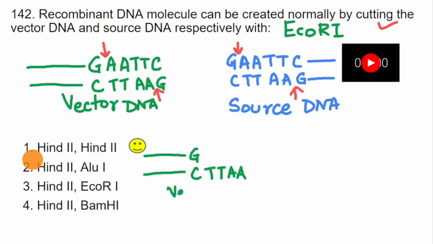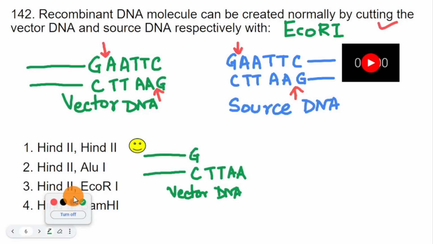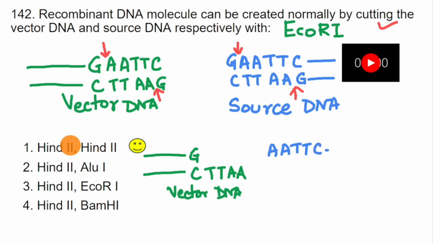This is vector. What about source DNA? In case of source DNA, this strand will also open up. So you will have AATTC on one strand and only G on the other strand. This is source.